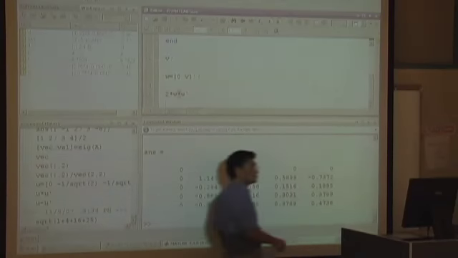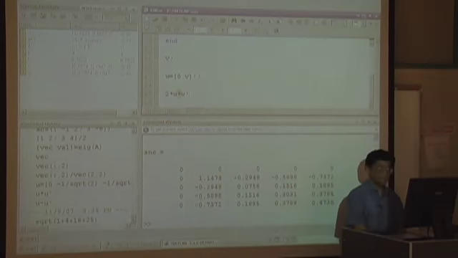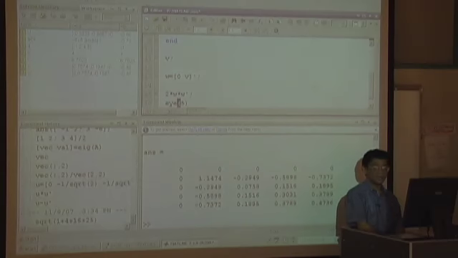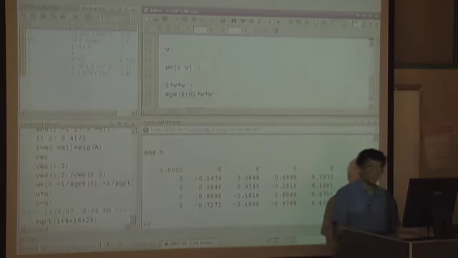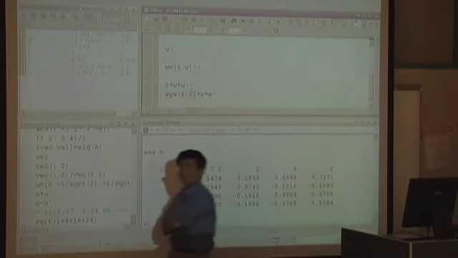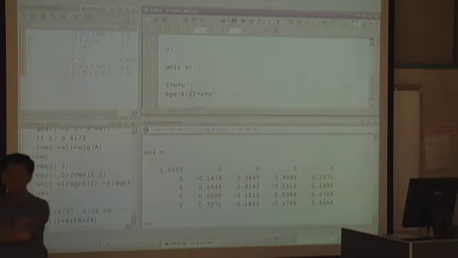Then the next step is identity, right? Identity of size 5 minus the previous one, right? So I can even attach it, but it's okay. So this is the householder matrix U.